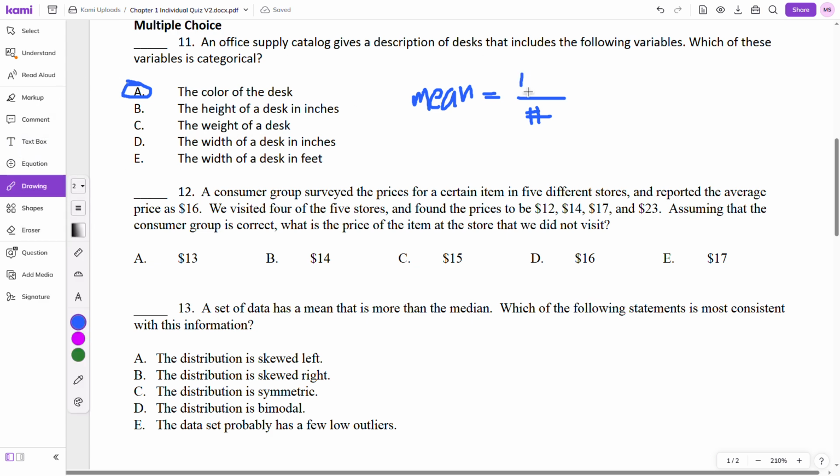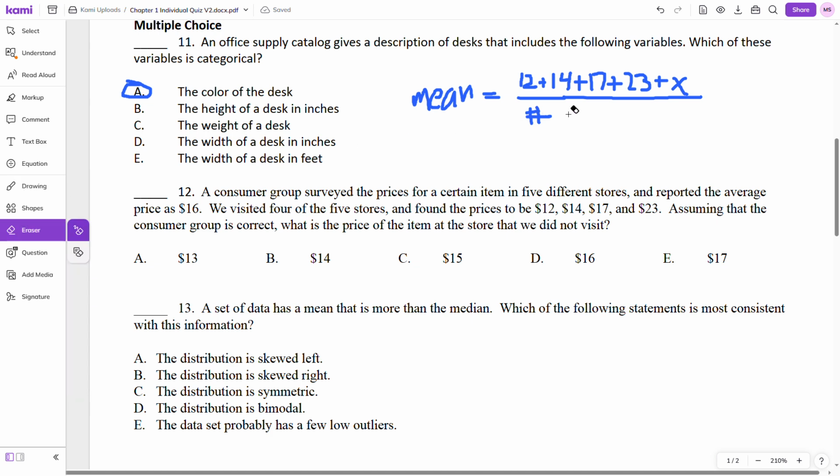So I'm going to have 12 plus 14 plus 17 plus 23 plus some unknown, which I'll call X, divided by, how many numbers will there be? Well, there's going to be 5 stores, so the number of stores is 5.